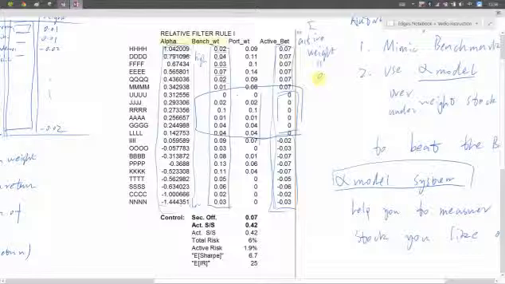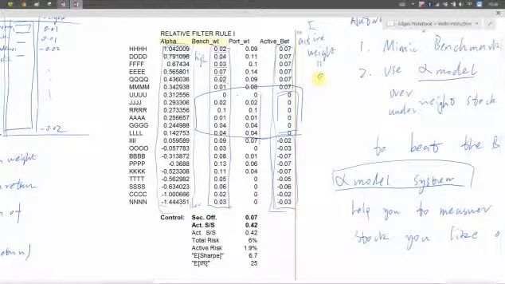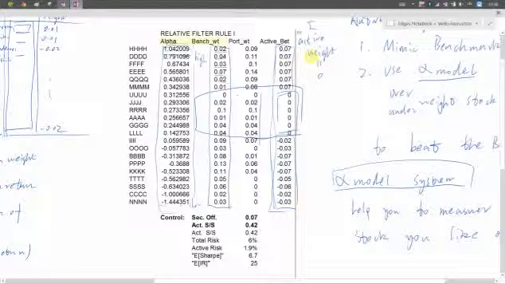That's a concept you need to remember now, and later I will tell you why. Basically, it helps us lower the systematic risk that we take by overweighting and underweighting.